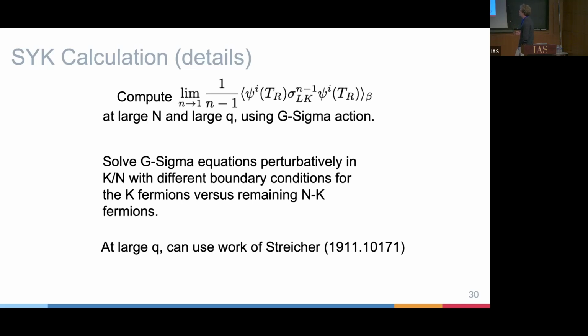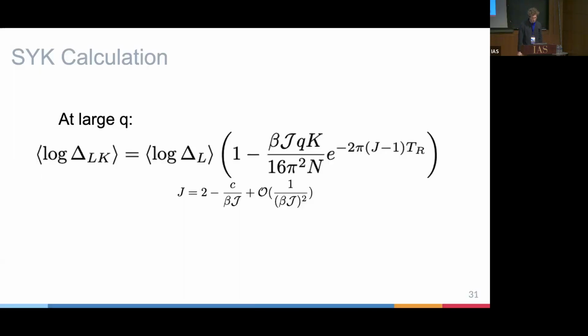And at large q, we can utilize this work of Alex Streicher to compute the answer. And what we find is the following. We find that the generalized boost energy for L and K is just like the gravity answer. This is boost energy about the bifurcation surface times this quantity.